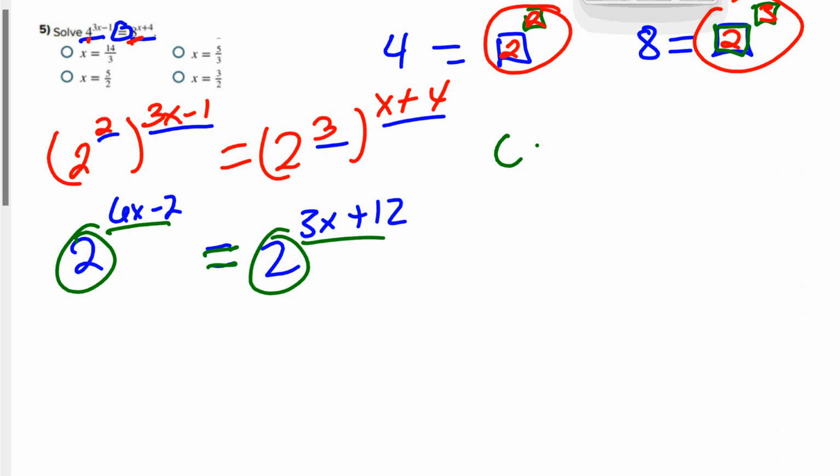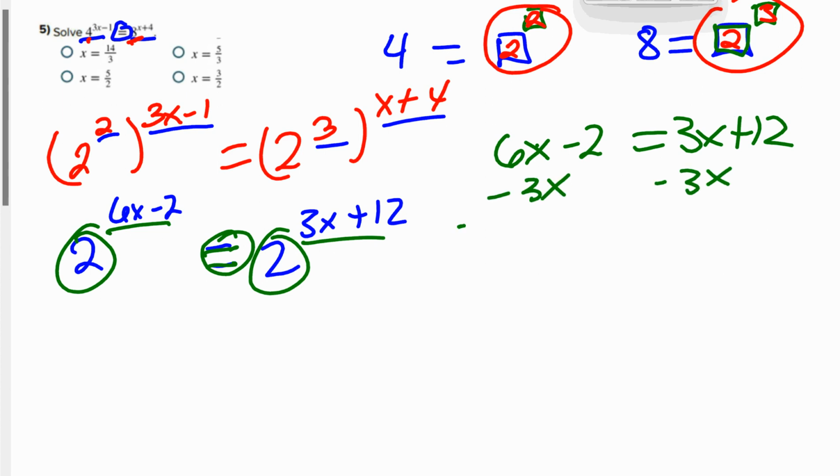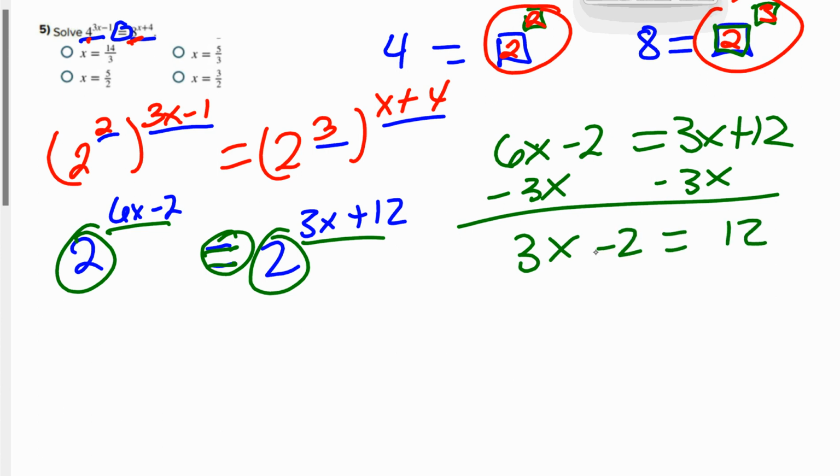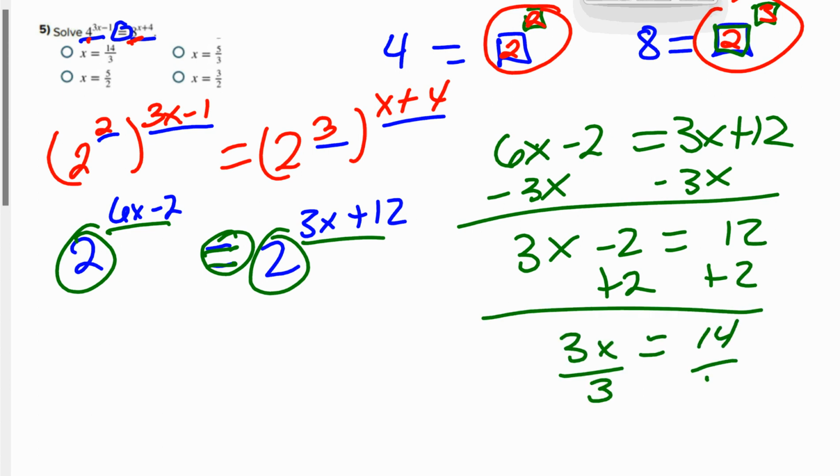So 6x minus 2 has to equal 3x plus 12 if this statement is true, right? So then we can go ahead and solve this, subtract 3x, or you can just think about it and figure out what the answer is, that's fine. Add 2 to both sides, and so we get 3x equals 14, divided by 3, and so then we get x is equal to 14 thirds.